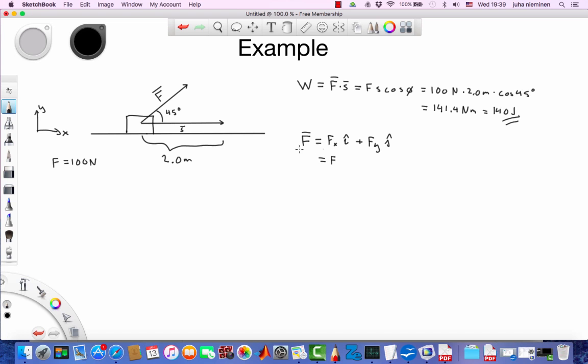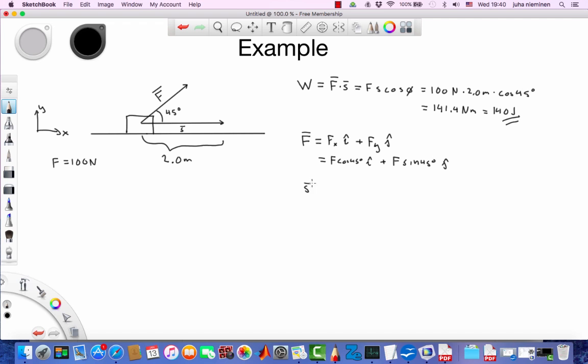Well, that's F times the cosine of the angle between the x direction and the vector itself, so that's going to be F cosine 45 in the i direction, plus Fy, same thing, F times the sine of this angle in the j direction.